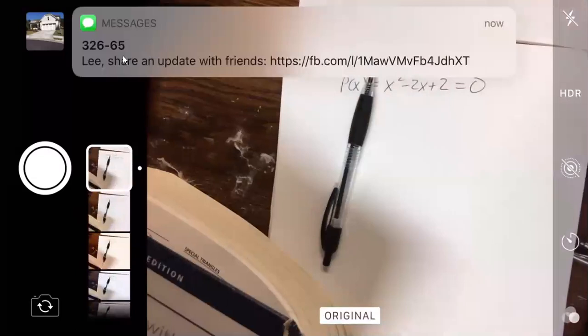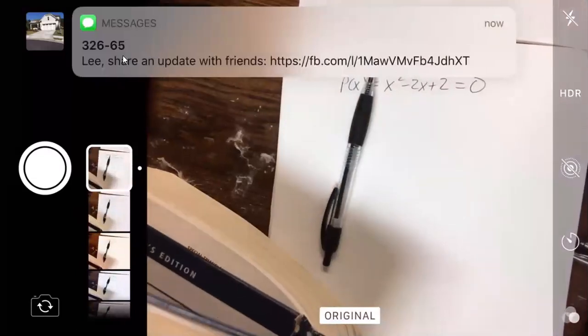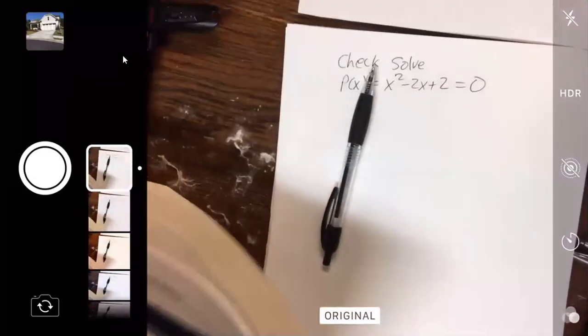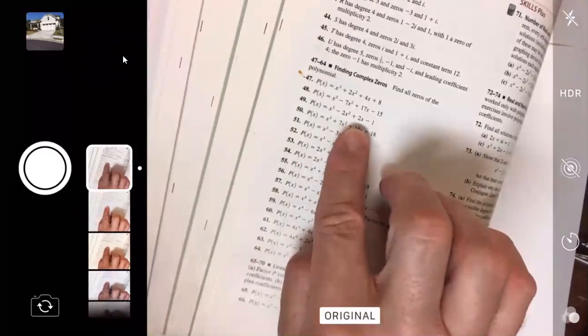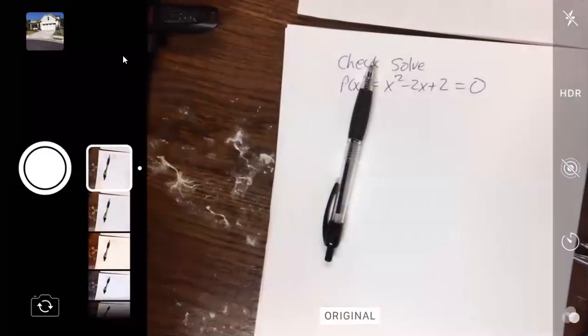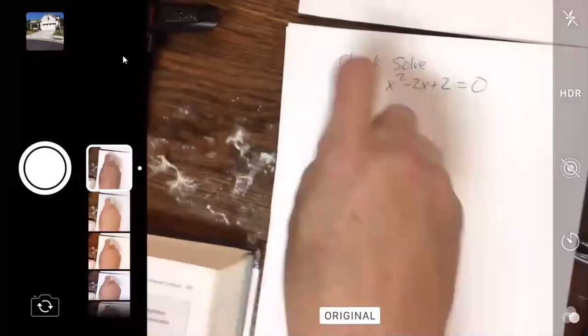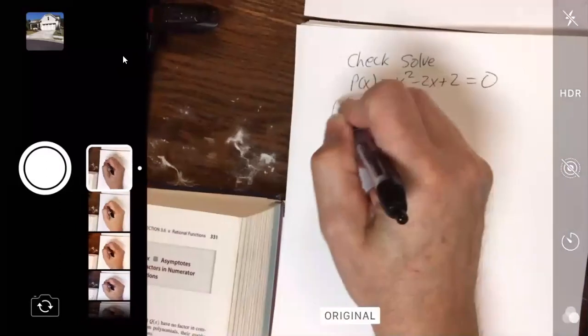You pick. Me pick? Well, how about something like 49? All right. Okay. Now, it's always helpful to know how many zeros you're looking for. So it's off page 330.